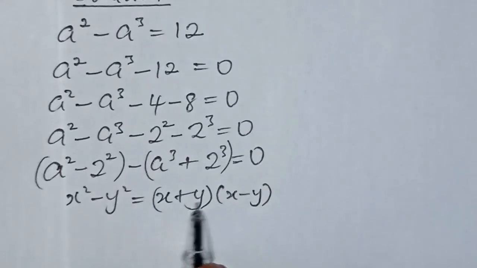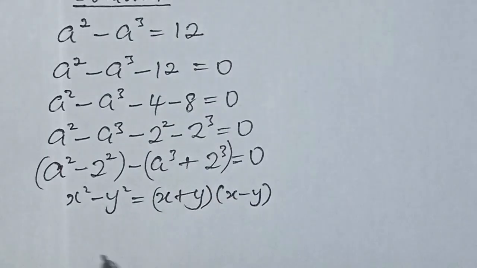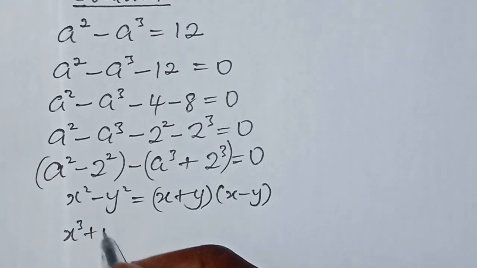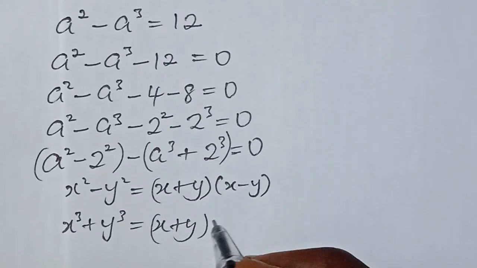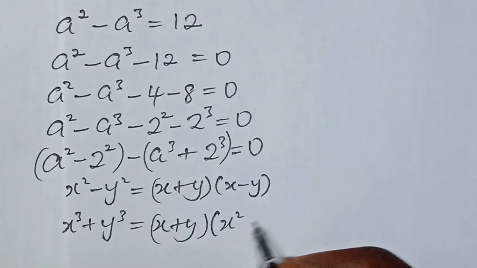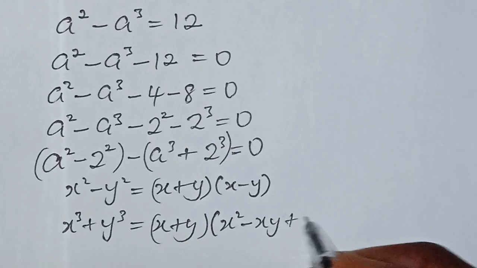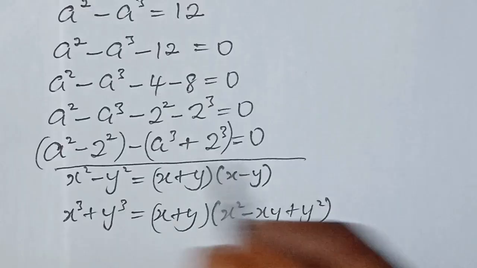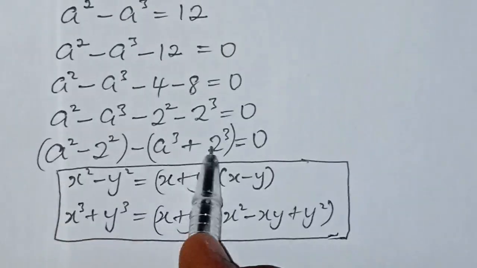We use this identity to factorize this. We also use x to the power 3 plus y to the power 3, which can be factorized as x plus y into bracket x squared minus xy plus y squared. So we use these two identities to approach this step.